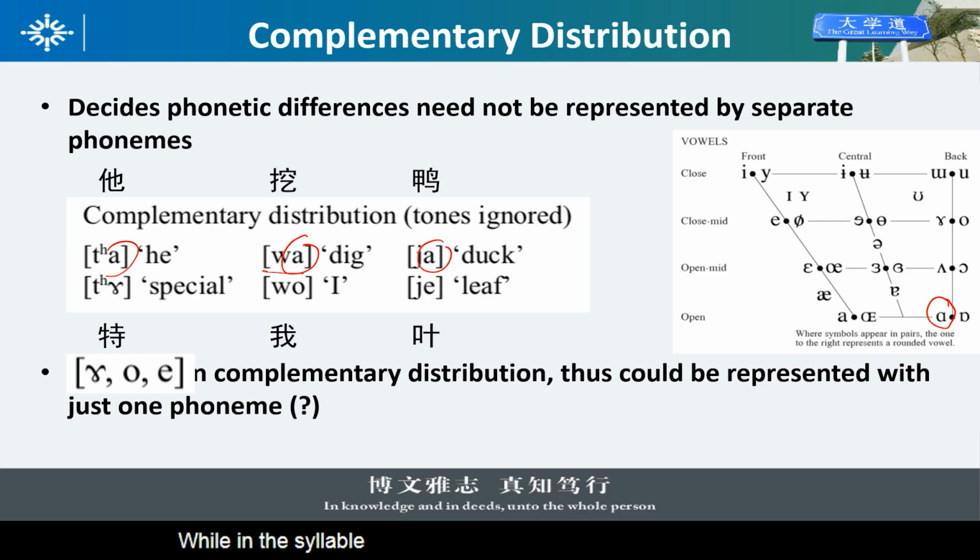While in the syllable ya, because it begins with an approximant yi, what follows must be a front vowel. So ya, you pronounce as ya, ya. They use different vowels, a front vowel and a back vowel, respectively.